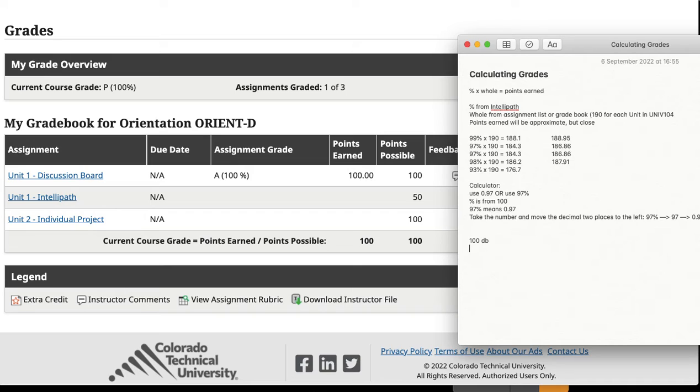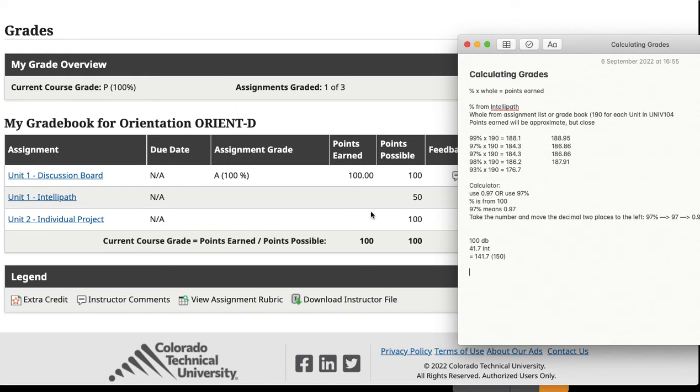We know that they have at least, remember what our number was? It was 41.7 points for IntelliPath. And so we know that right now they have 141.7 out of 150.